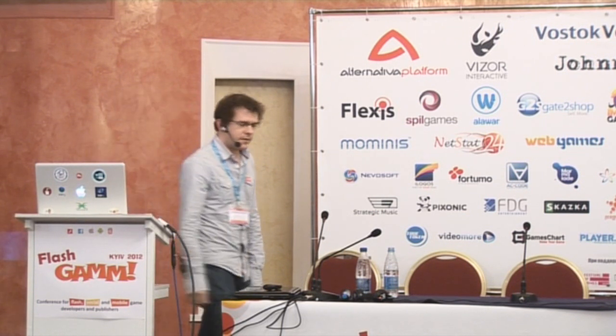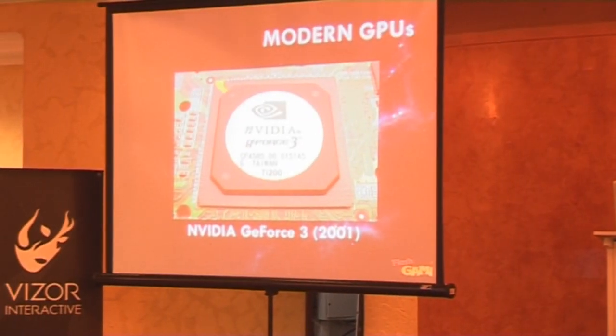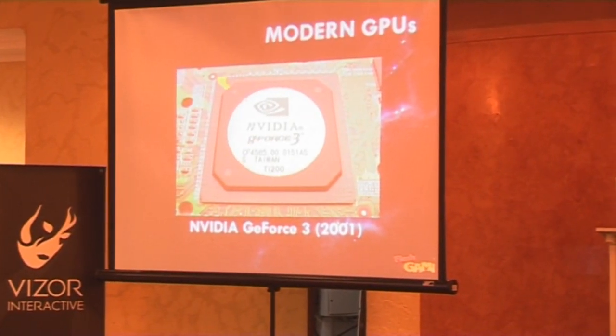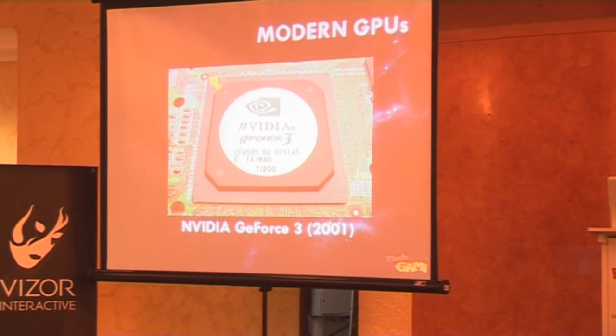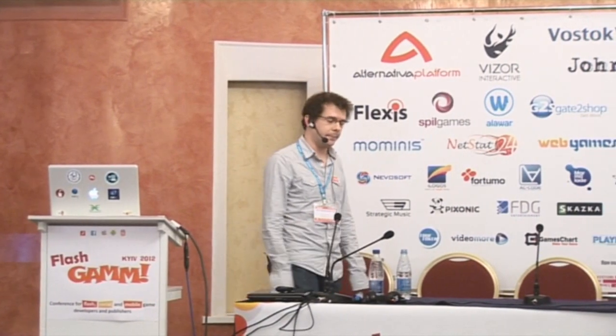So one of the first actual, or probably if not the first, programmable graphics chips to come out for home computers, or for home computer graphics cards, was the NVIDIA GeForce 3. Now, this came out in 2001 and had something like 30 million polygons per second.